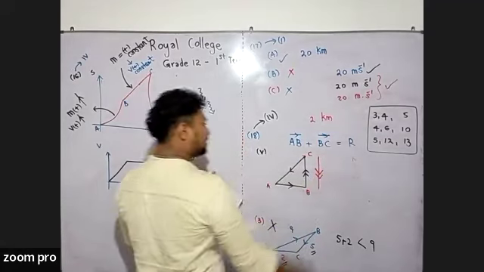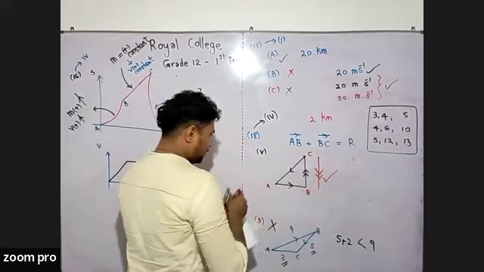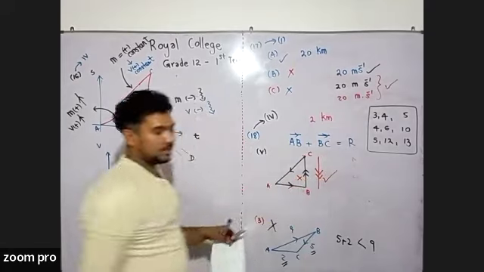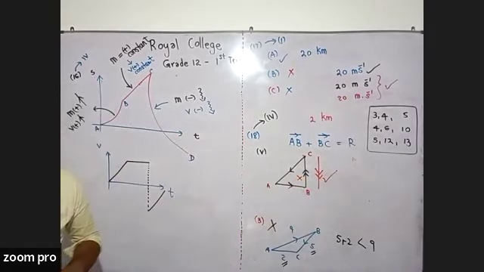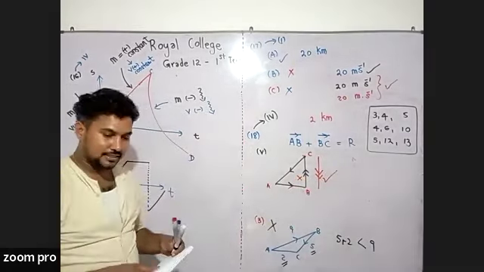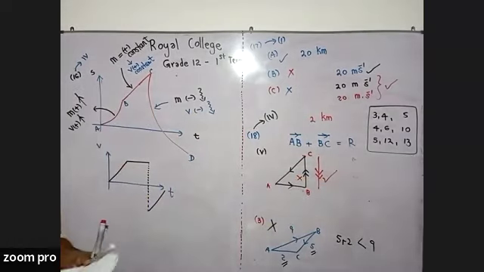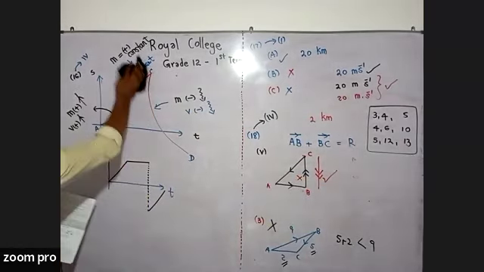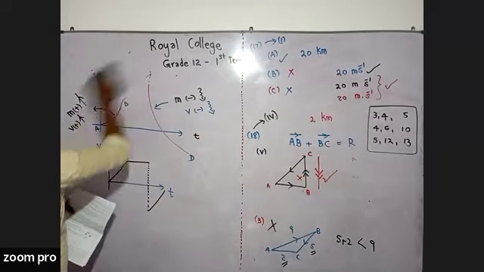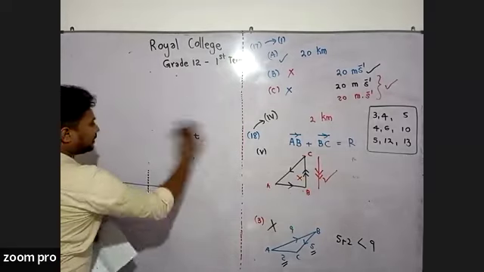So it should be represented this way. This is the correct way, and this is the wrong one, right? That's why we neglect the fifth answer. Okay, keep those things in mind. Let's move on to the other questions.